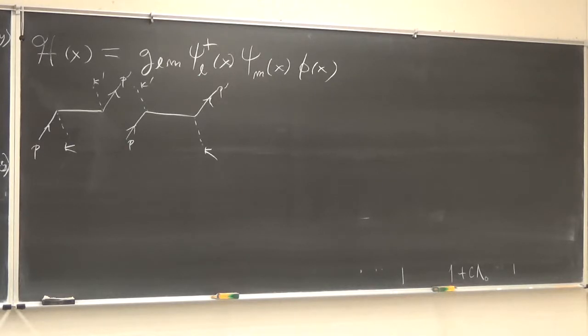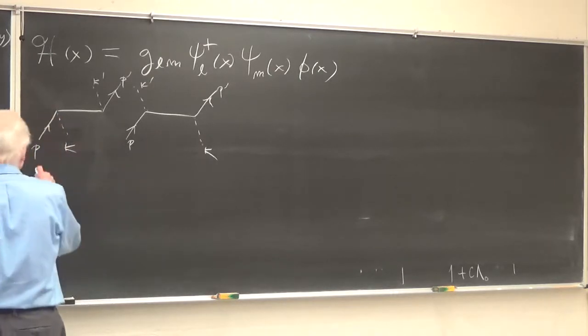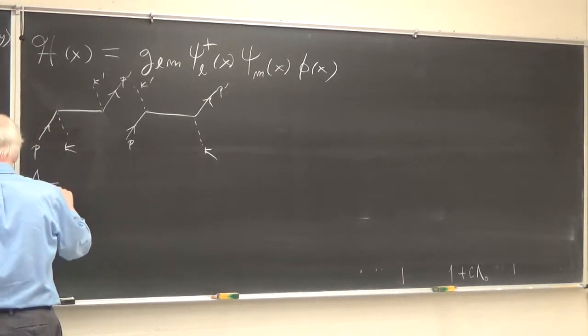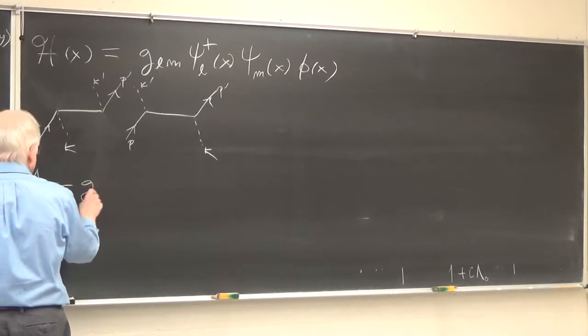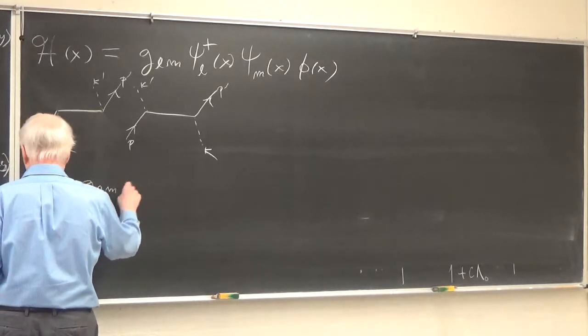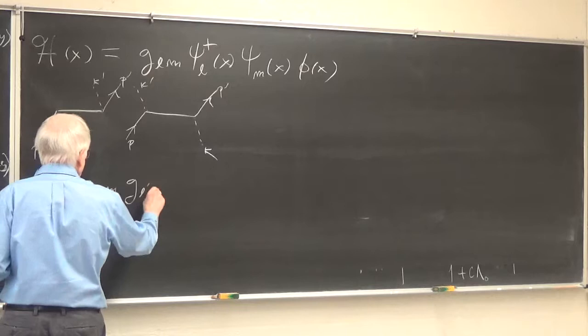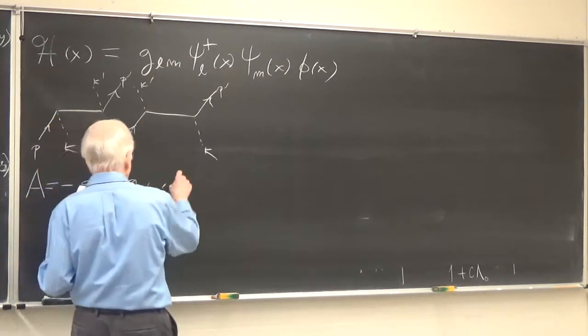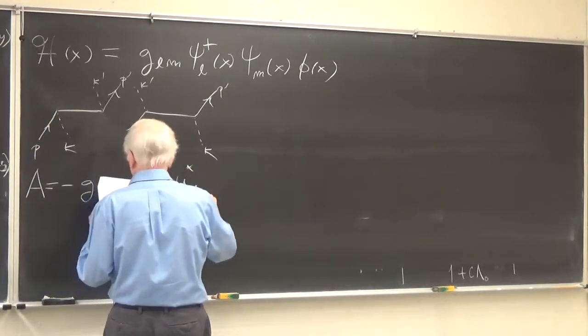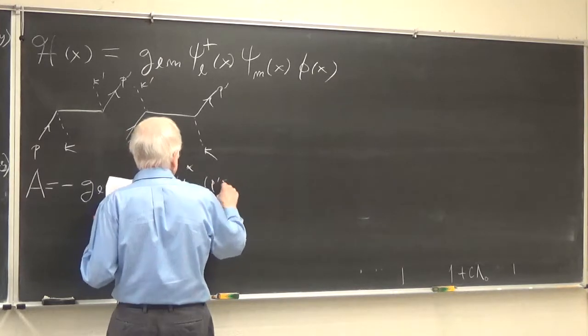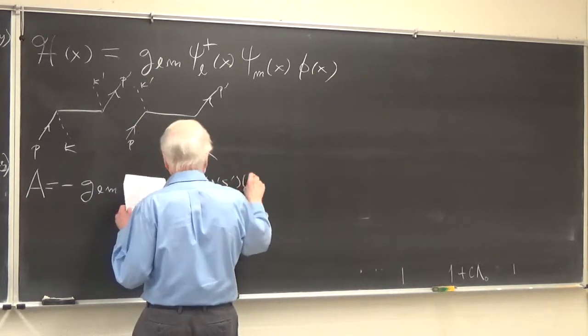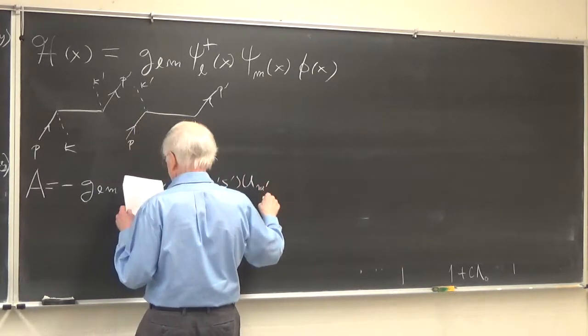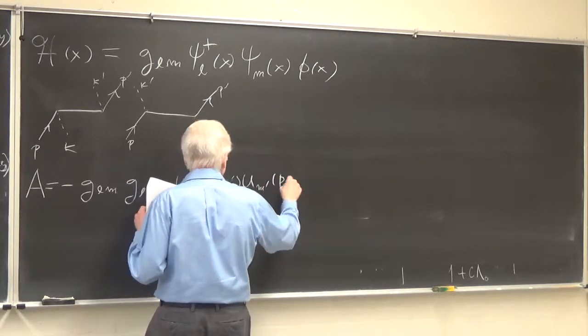I'm not sure. I think maybe I should just pick up where we left off. If you add these two amplitudes together, what you get as the amplitude is minus G_LM, G_L'M', u star_L of p' s', u_M' of p and s.